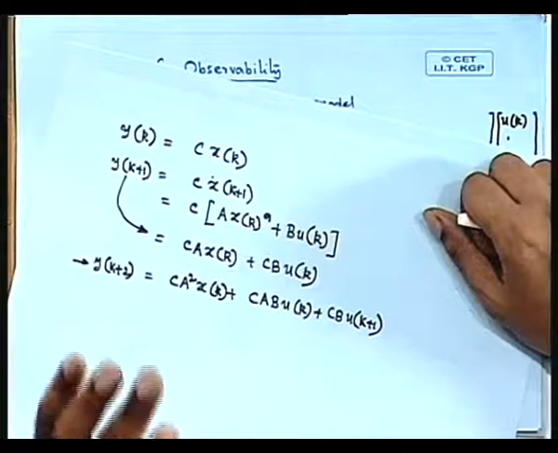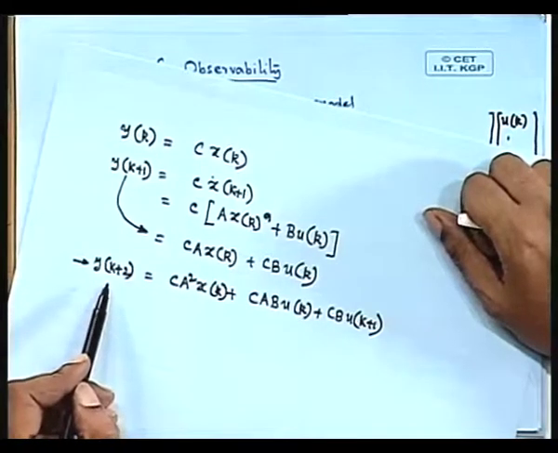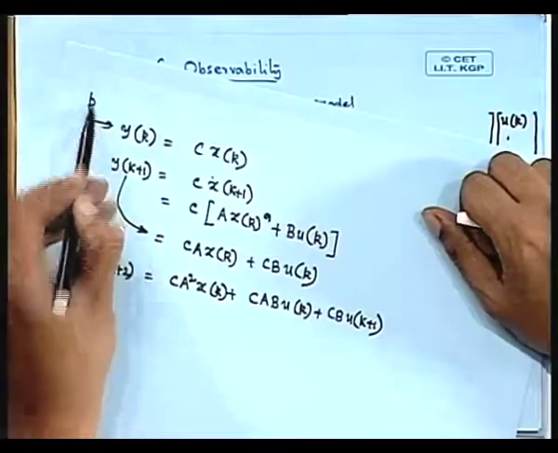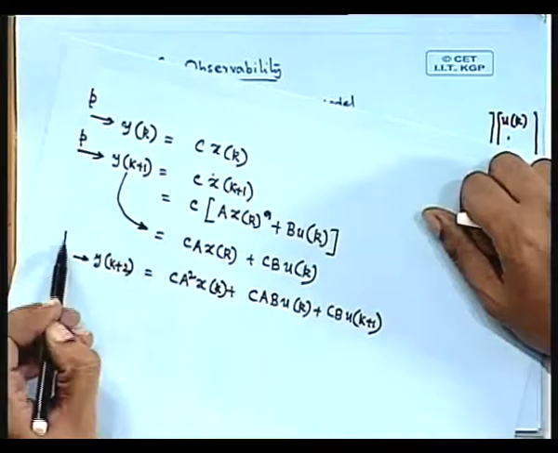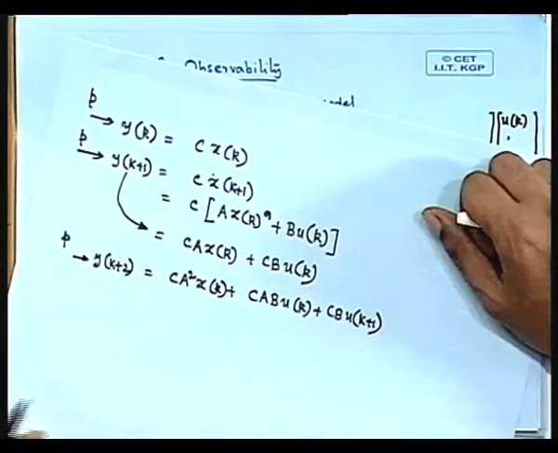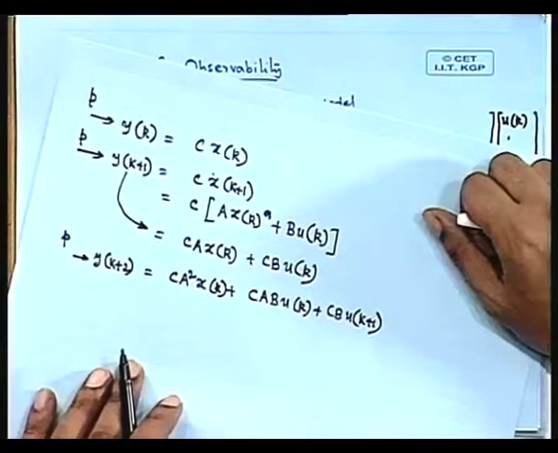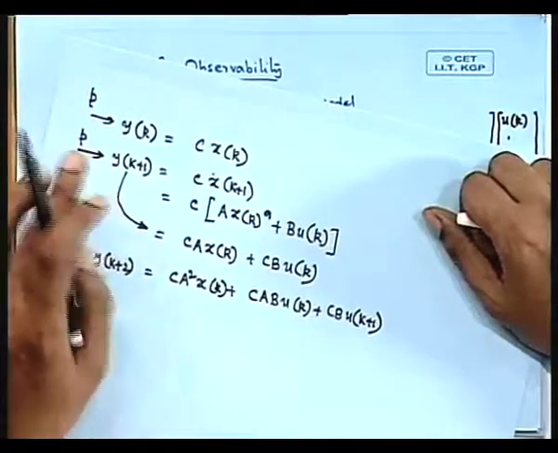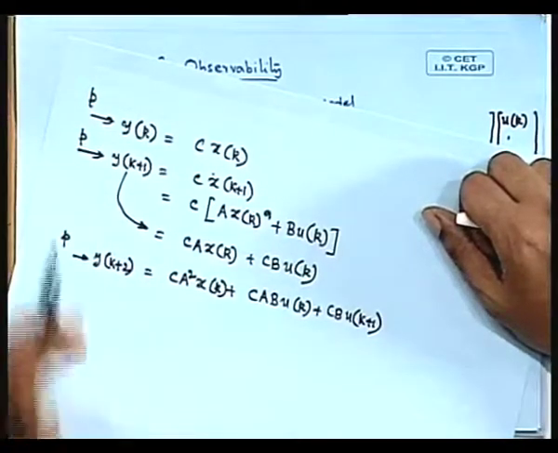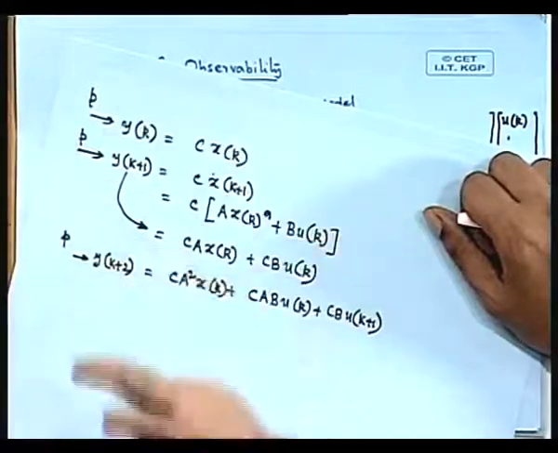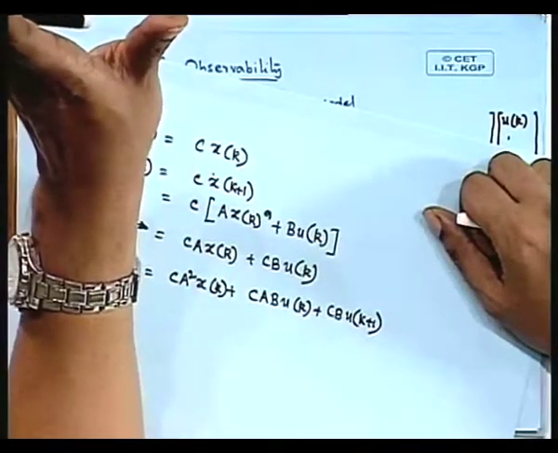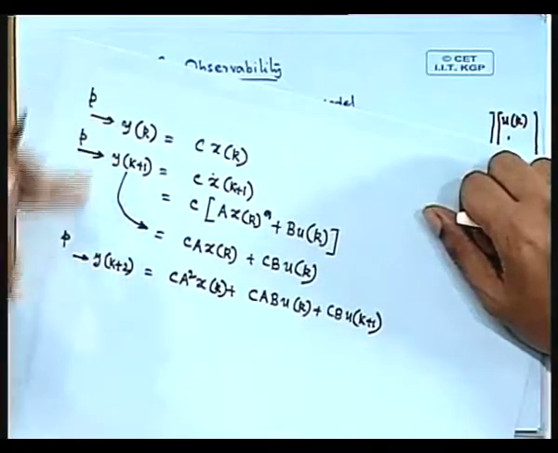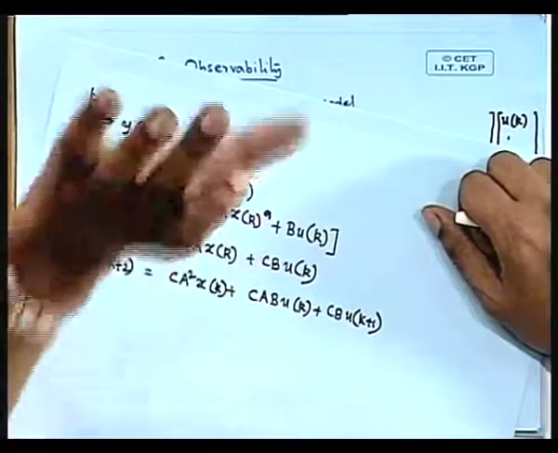Now there is something. This is not exactly one equation. Ideally speaking, if you have a multi-input, multi-output system, then this is p equations, this is p equations, this is p equations, because y could be a p-dimensional vector. If it is a single input, single output, then it is one equation each, and you need n. But all you need are n independent equations. So how many of these equations you will consider depends on how many of them you need to first get a set of n.